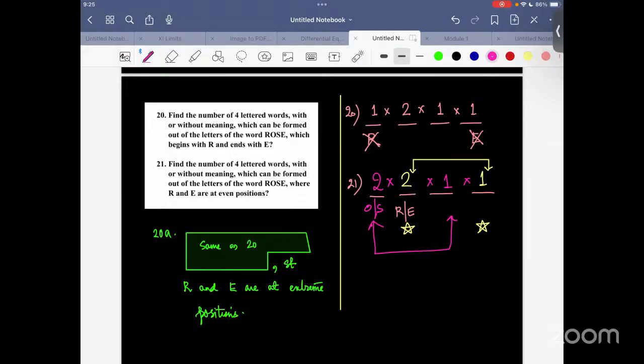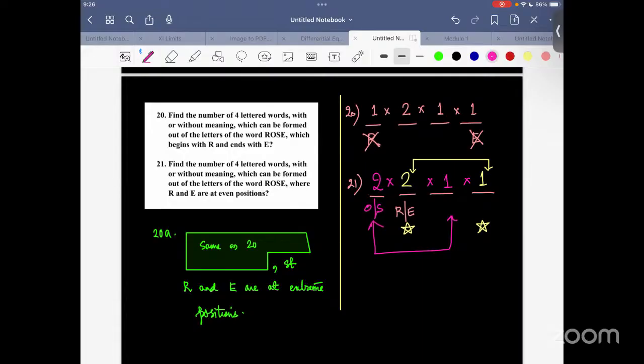Clear? Do question number 28. Question number 28.